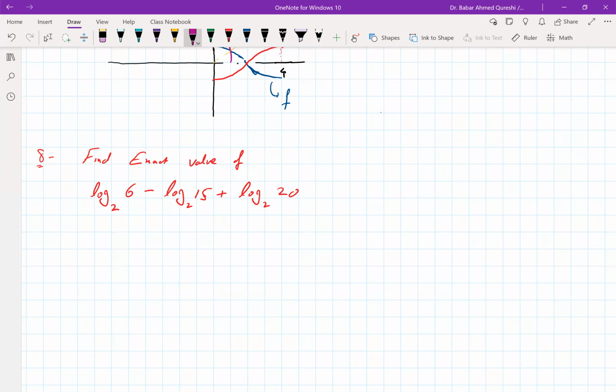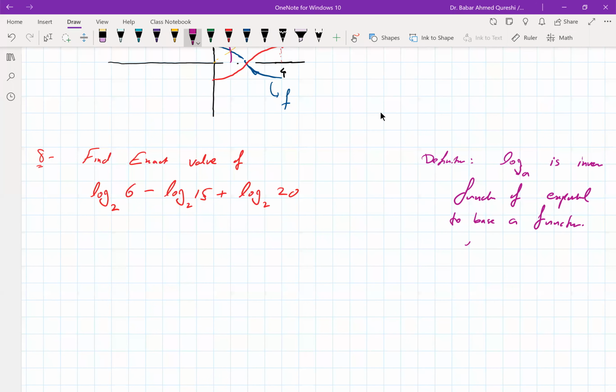As I defined in class, log to any base a is the inverse function of the exponential to base a function.